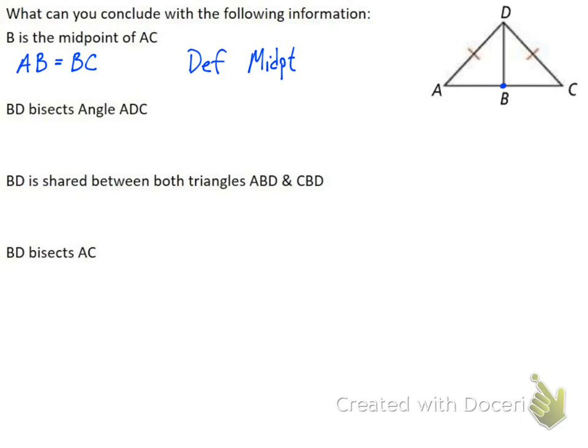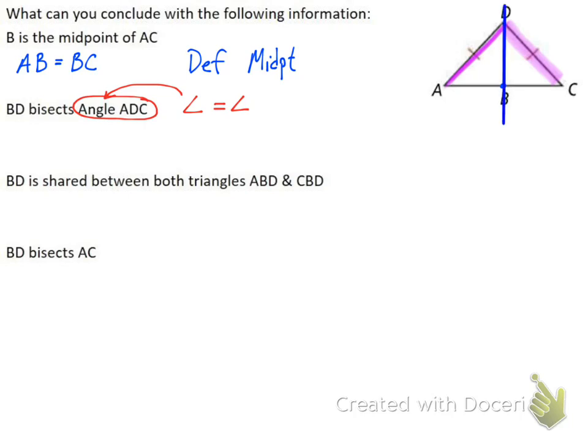The second one, BD bisects angle ADC. When an angle is being bisected, we need to know that two angles will be equal to each other. Bisect means that it's being cut in half, so angle is equal to angle. When I look at my picture, I can look up here at angle ADC and know that it's being cut in half by this line BD.